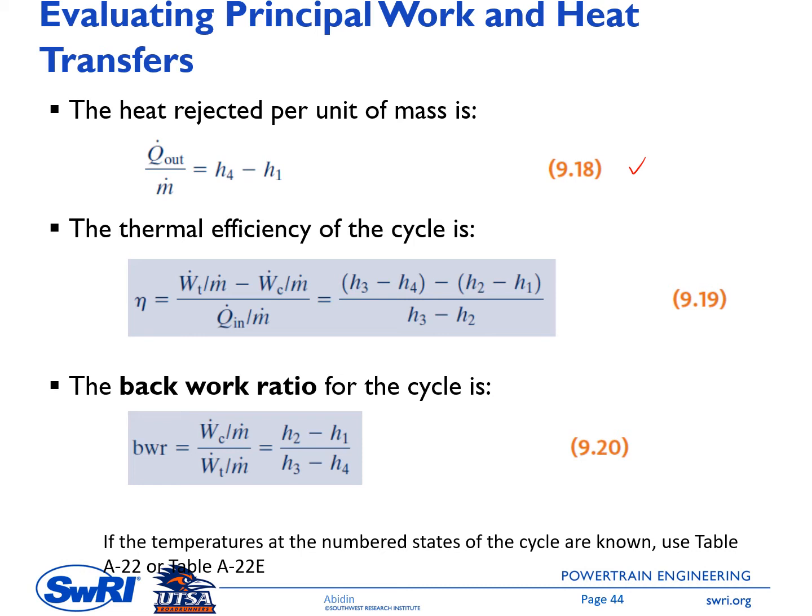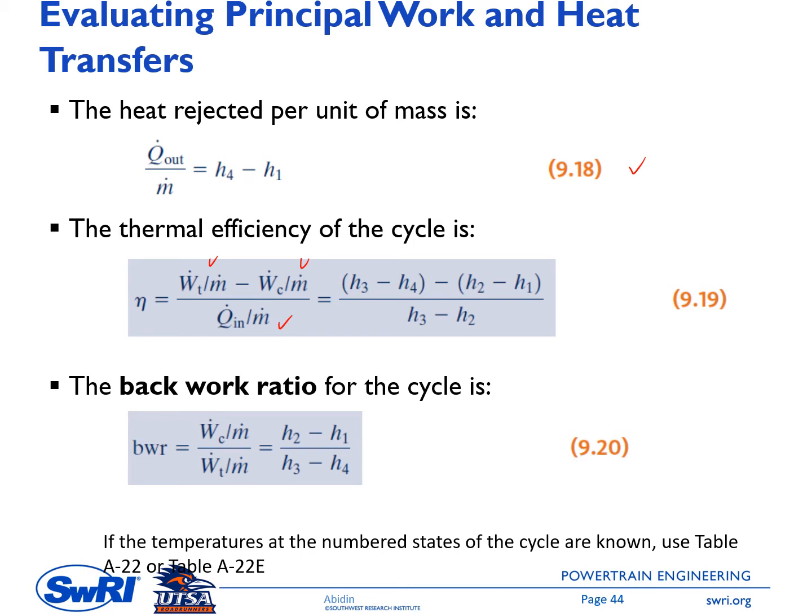So in this case, all parameters here are per unit of mass. So W T dot over M dot minus W C dot over M dot, and then in the denominator we have Q in dot over M dot.